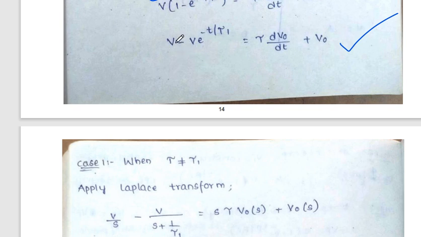We already know that here V is a constant value, therefore the Laplace transform of 1 is equal to 1 by S. Therefore V by S minus, here again V is a constant value, the Laplace transform of e power minus t by tau 1, that is 1 by S plus 1 by tau 1, is equal to tau into, we know the Laplace transform of dV0 by dt is S into V0 of S, plus the Laplace transform of V0, that is V0 of S.